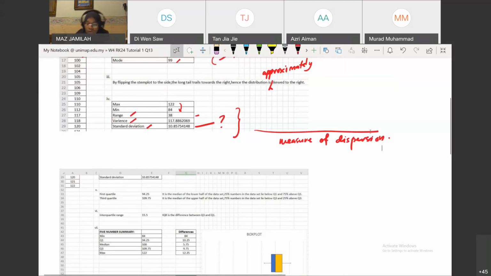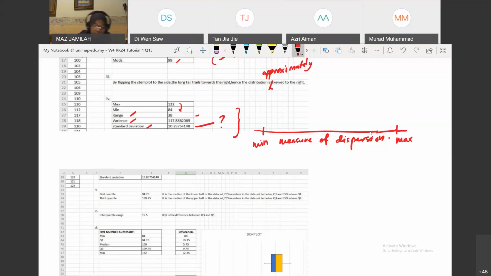Range is based on the minimum value and the maximum value, the simplest one. But sometimes we may have to choose whether to use the range, or the next one, the variance, and the third one, the standard deviation.